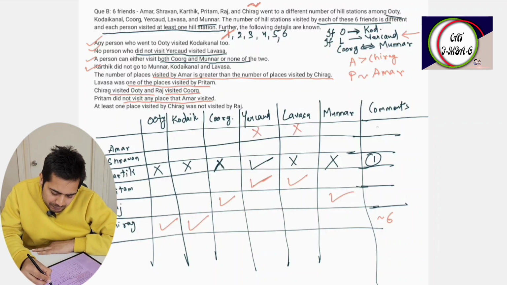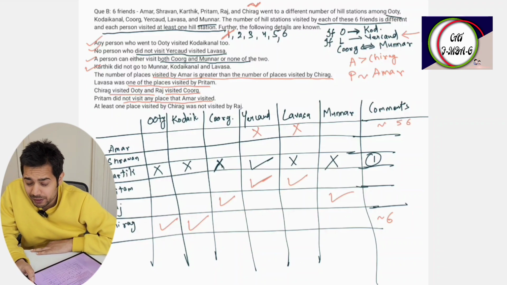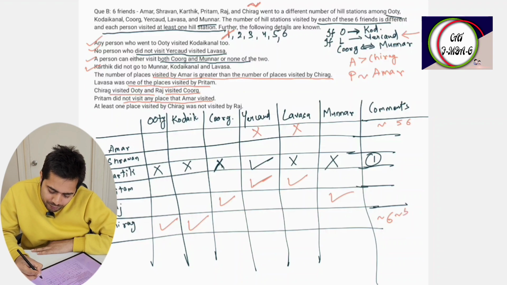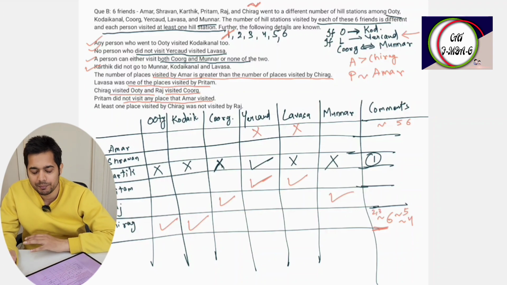So Amar cannot be 6, Amar cannot be 5. If Amar cannot be 5, at most Amar will be 4, and Chirag will be less than Amar. So cannot be 5, cannot be 4. So Chirag can be 2 or 3. Cannot be 1 because 1 has already been taken.